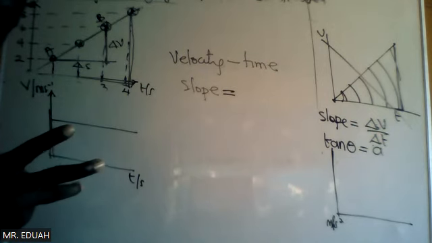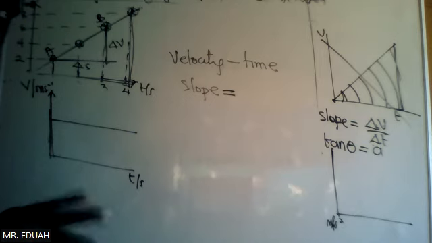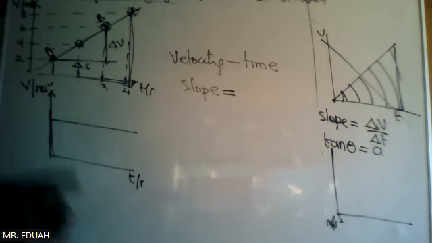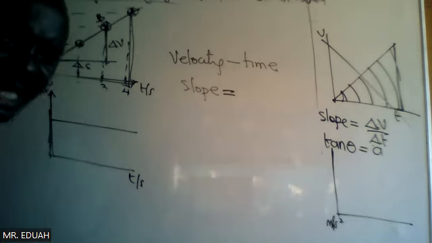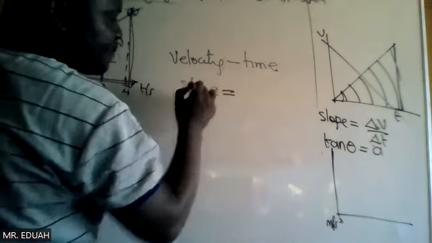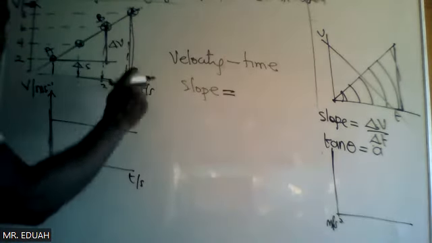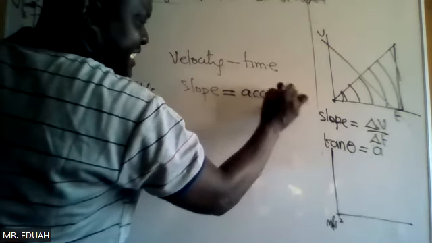Somebody answer that for Yasmin. Acceleration. Yes. So the slope of a velocity time graph is equal to the acceleration.